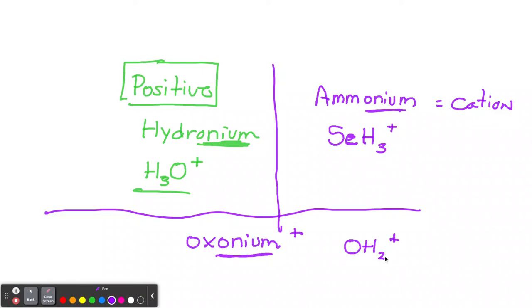Actually, it's not a 2, it's a 3. And you may be noticing that oxonium and hydronium are almost exactly the same. And they are the same. So sometimes you hear it as hydronium or oxonium, because look, it's the same thing. It's the same exact bond. All right, so that's our video today.